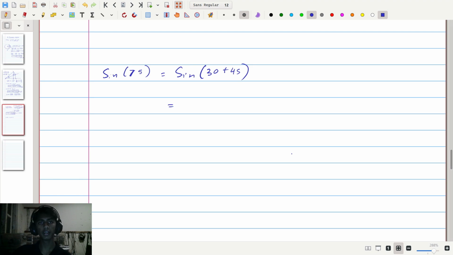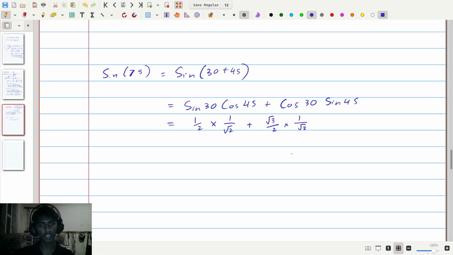And we know what the sine of 30, cosine of 30, and sine of 45 and cosine of 45 are. Using our formula, the sine of a plus b is equal to sine of a, which in this case is 30, times the cosine of b, which in this case is 45, plus the cosine of a, which in this case is 30, times the sine of b, which in this case is 45. We know all of these values. We know sine of 30 is a half, we know cosine of 45 is 1 over root 2, plus we know cosine of 30 is root 3 divided by 2, and we know sine of 45 is 1 over root 2.